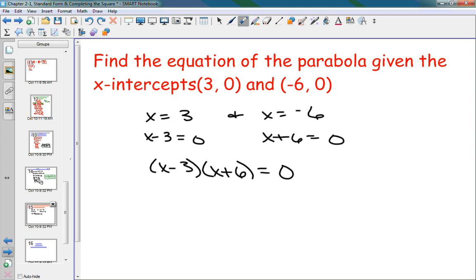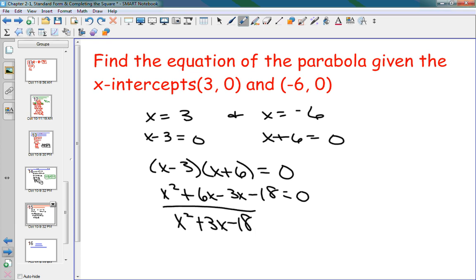What do you do? X squared plus 6x minus 3x minus 18. And then what? X squared plus 3x minus 18. There's a parabola, right? Is that one option? Sure is, that's one option. That one looks great to me. It's going to have those intercepts.